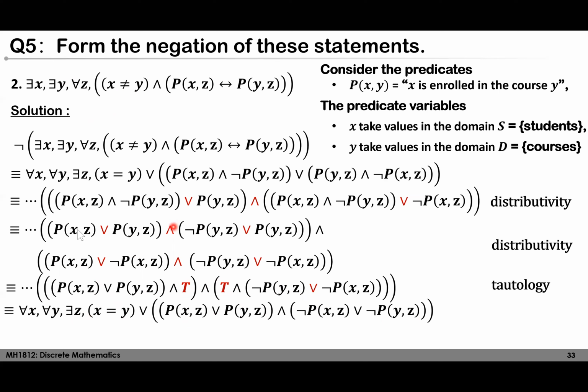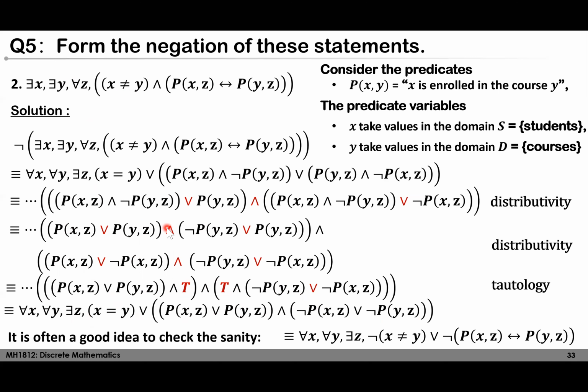So because there are several steps involved, we can check the sanity. In the intermediate step, we get this result. We know this is obvious, and this is a negation of an if and only if proposition. So it is true when this if and only if proposition is false. So it's false when P of x, y takes different values to P of y, z.